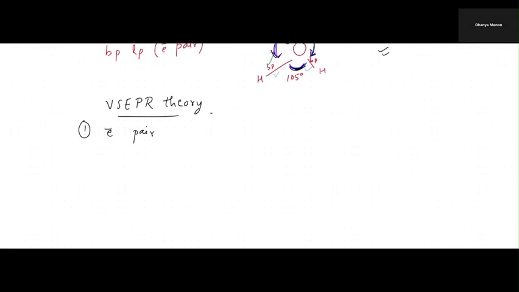So electron pairs always repel each other, whether it is lone pair, lone pair, or bond pair, bond pair. They repel each other and try to remain far away.